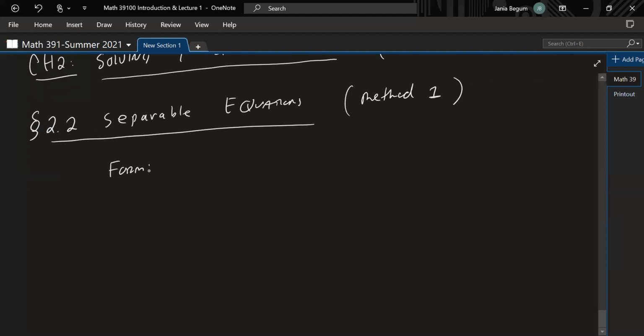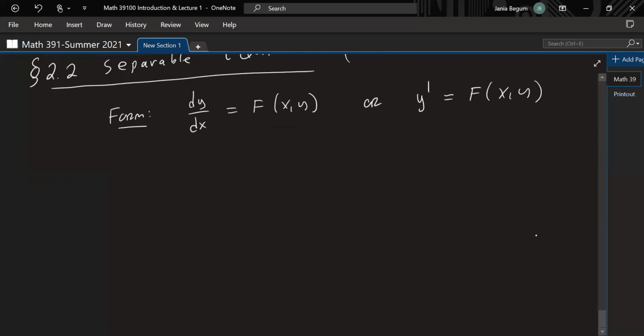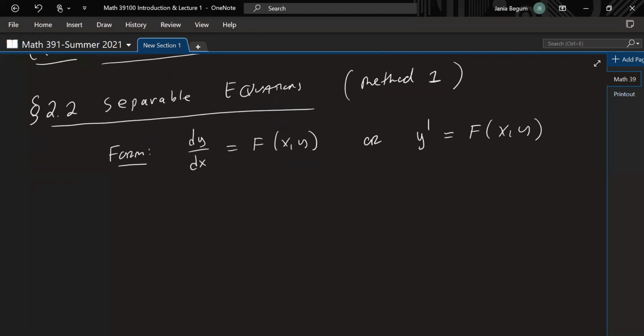Your equation will only have the first derivative. So you will have either dy/dx equals some function of x, y, where x is the independent variable and y, as usual, is the dependent variable. Or you might see it written as y prime equals a function f of x, y. Either form may be displayed to you, so be familiar with both notations.